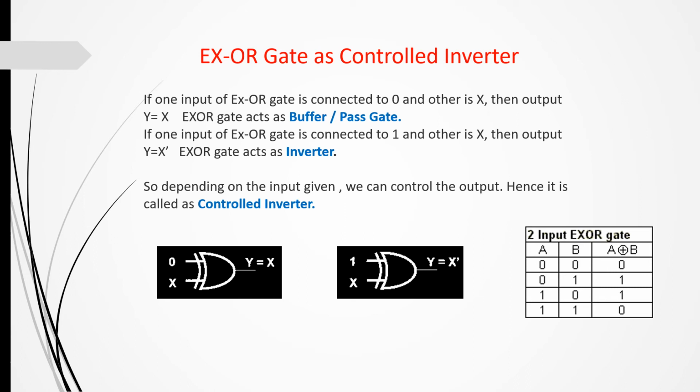But if one input of XOR gate is connected to 1 and other input is X, then output Y is equal to X bar, which is complement of X. Here XOR gate acts as inverter. So depending on the input given, we can control the output. Hence it is called as controlled inverter.